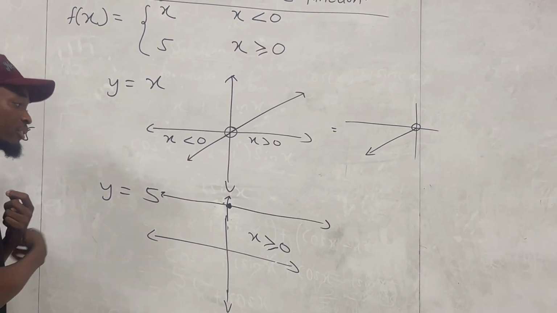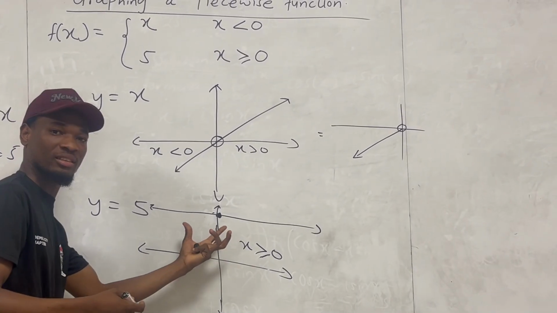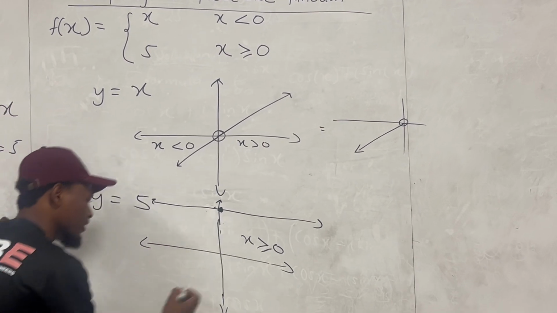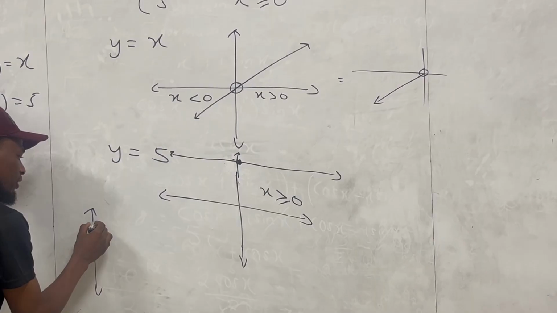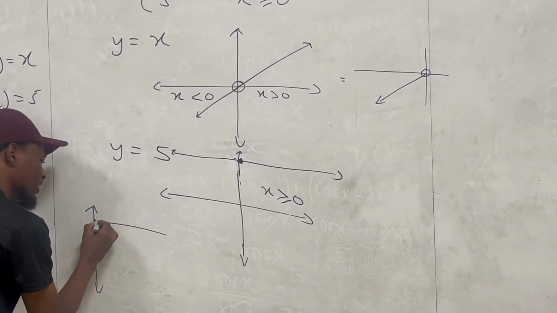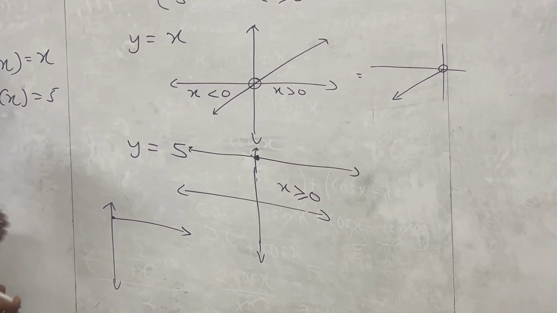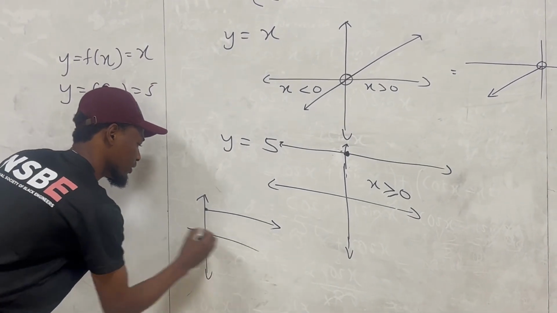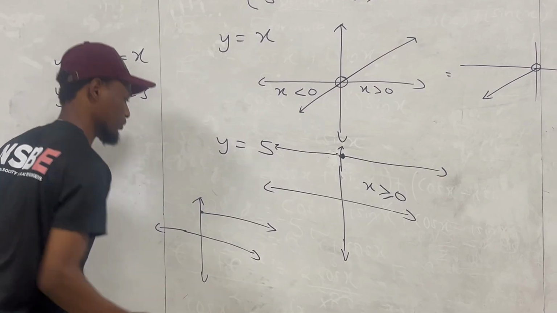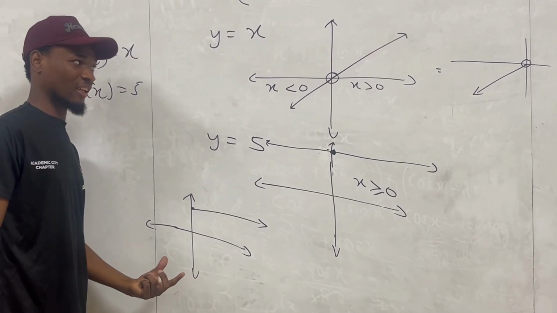As a result of that, if you want to graph this separately, you are going to have something like this, then something of this nature. As simple as that.